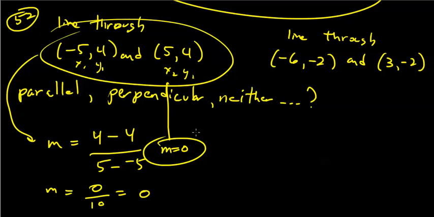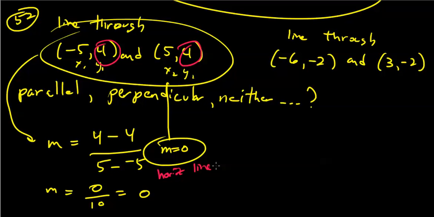Notice, could I have spotted that? Notice these y coordinates are constant. And if y equals constant, you've got a horizontal line. And all horizontal lines have a slope of 0.